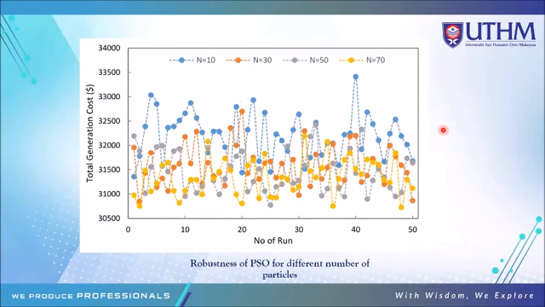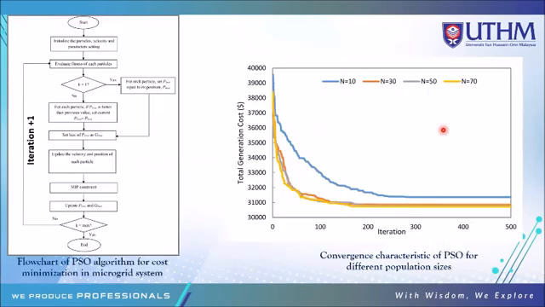This is the important parameter that we need to look at if we implement an optimization method. Number one is the convergence characteristic: how it shows the behavior of the algorithm to find the minimum solution, for example.